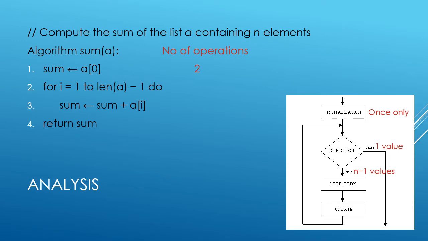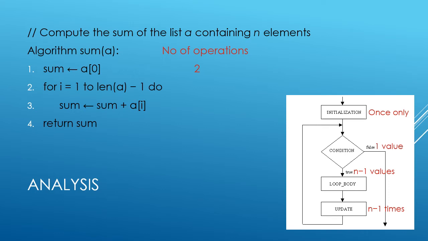The answer is, you update the counter variable as many times as the true values of the for loop. For our for loop in line number 2, we will update the counter variable n minus 1 times.